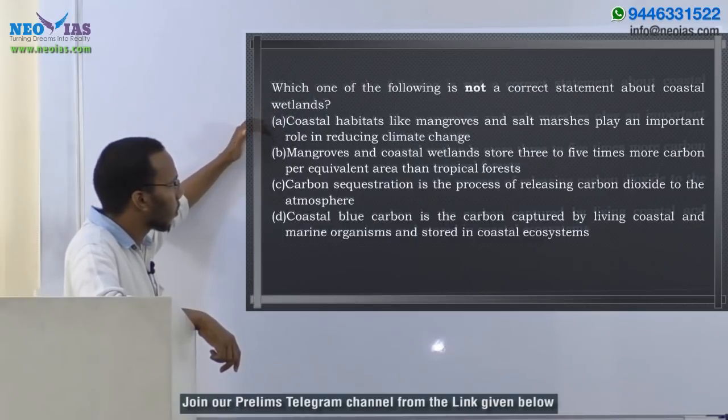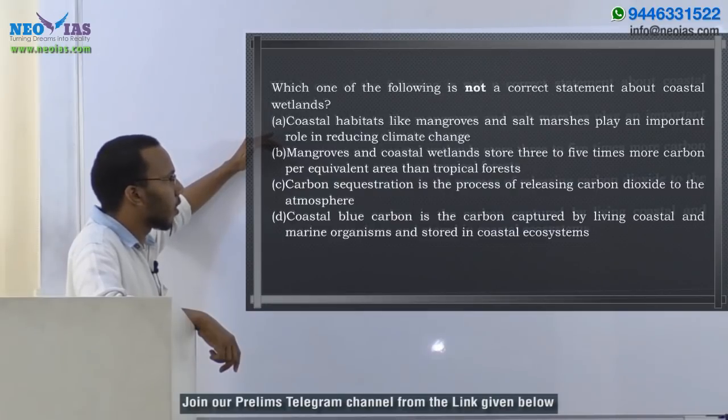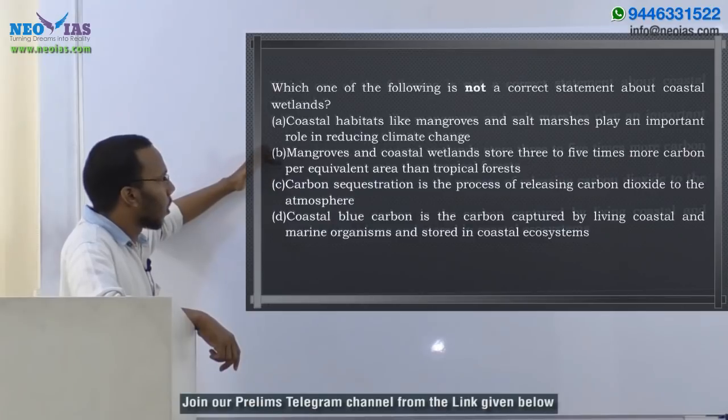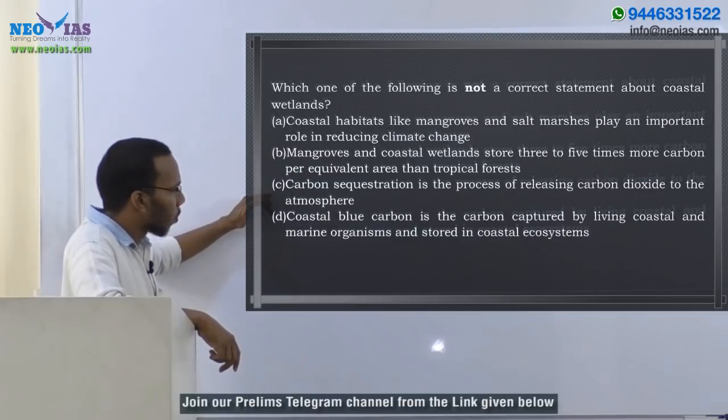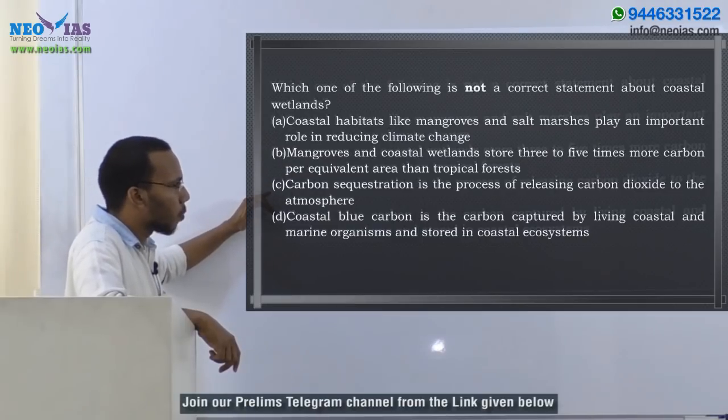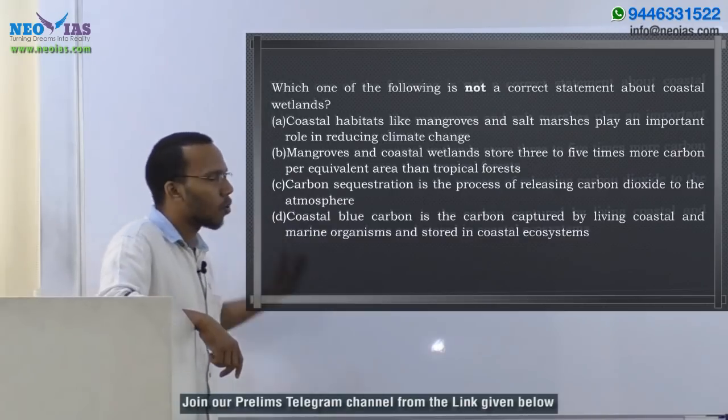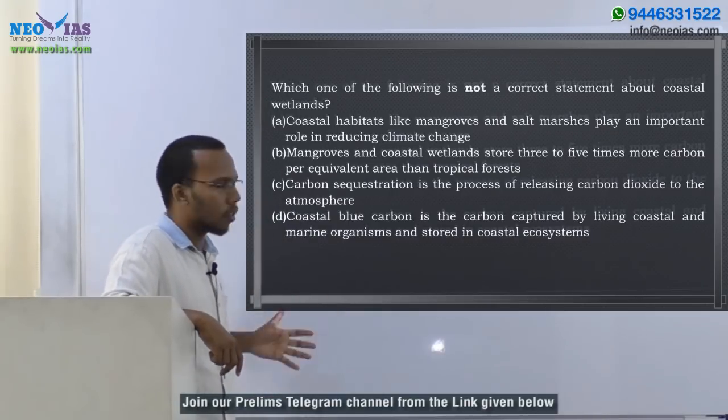B, mangroves and coastal wetlands store 3 to 5 times more carbon per equivalent area than tropical forest. C, carbon sequestration is the process of releasing carbon dioxide to the atmosphere. D, coastal blue carbon is the carbon captured by living coastal and marine organisms and stored in coastal ecosystems. So these are the four statements.